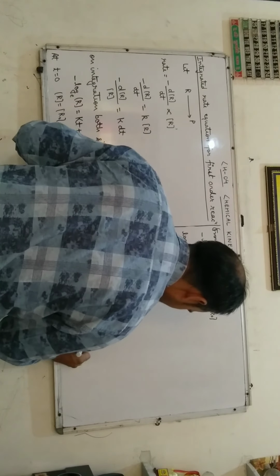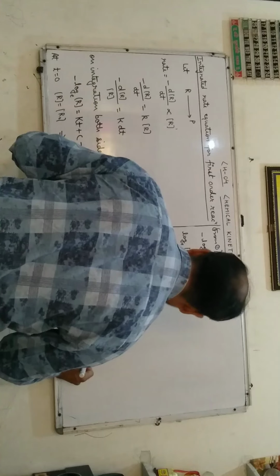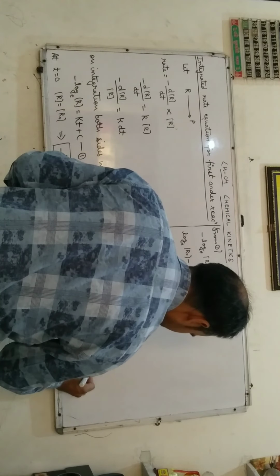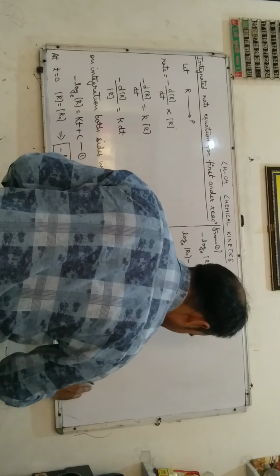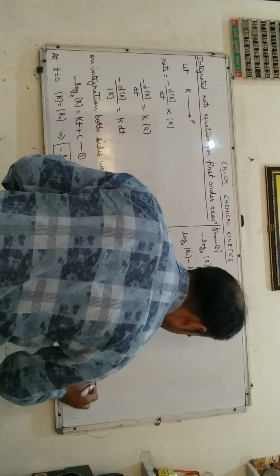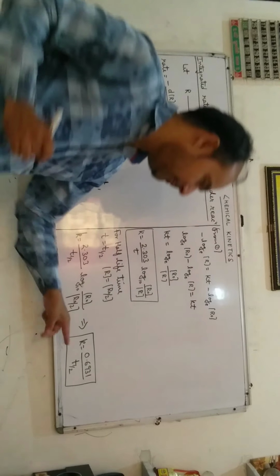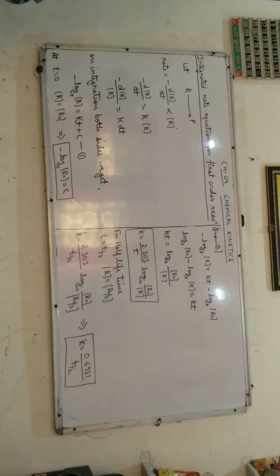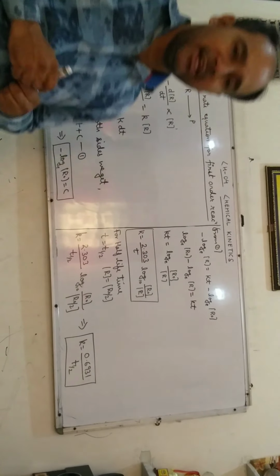On simplification we get the final relationship. It is 0.6931 upon t half. That is the relationship between decay constant and half-life time for first order reaction. On solving this, we get this final relationship.